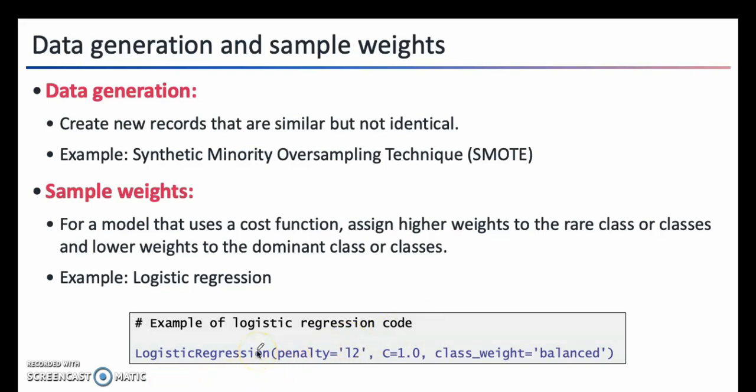Another approach is to use weights, so that the learning algorithm would give more attention to rare classes as a function of assigned weights. In that sense, the dominant classes would receive lower weights, so that the algorithm would be less influenced by those classes.